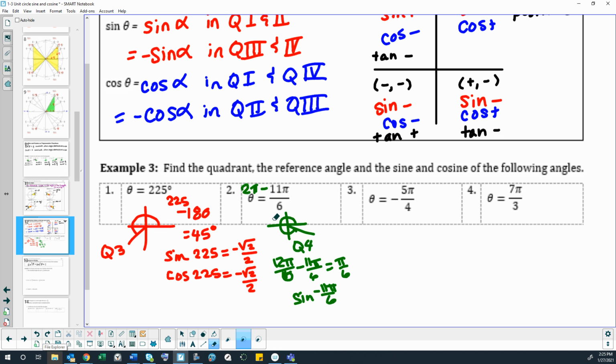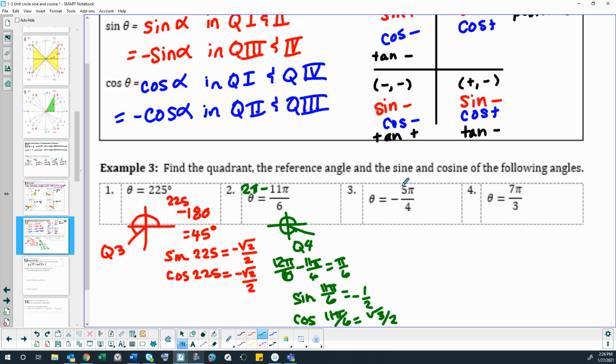Now I'm really going crazy because I'm the one who put the negative in there. It's not negative, it's positive 11 pi over 6. It's a negative pi over 6. I should go home. Okay, the sine of 11 pi over 6 is the same as the sine of pi over 6, except it's negative, so negative 1/2. And then the cosine of 11 pi over 6 will be positive square root of 3 over 2, the same as it is in quadrant 1.